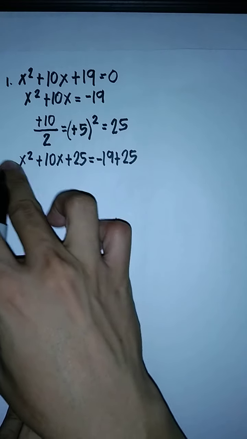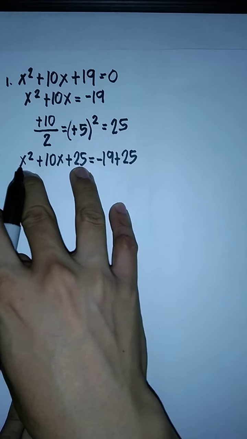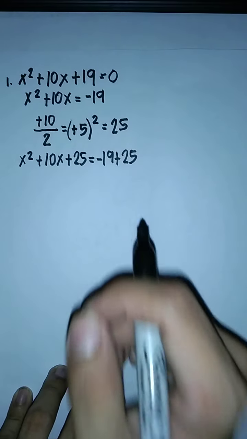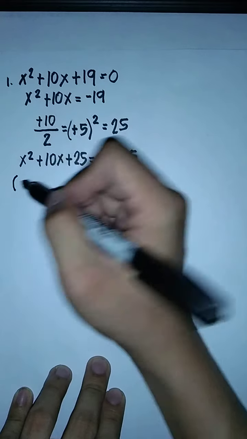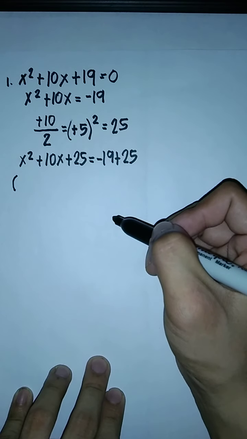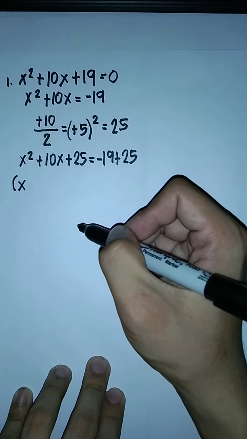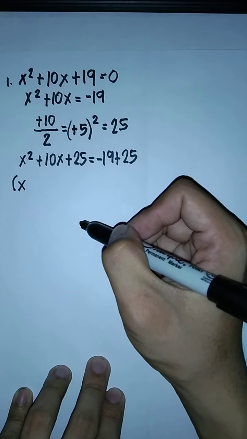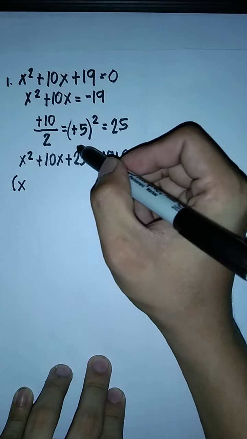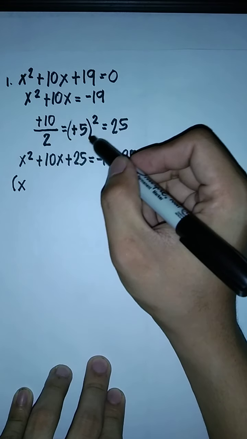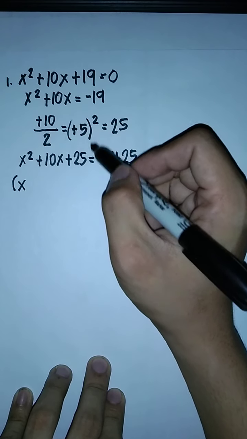So, medyo madaming nalilito dito sa ating equation na ito, but yung shortcut dito is very simple. So, ang gagawin nyo na is to write an open parenthesis and then copy nyo lang yung x. Write your x. And then, kung ano yung sign doon sa inyong i-divide dito. Focus on this. We have positive 5 squared.